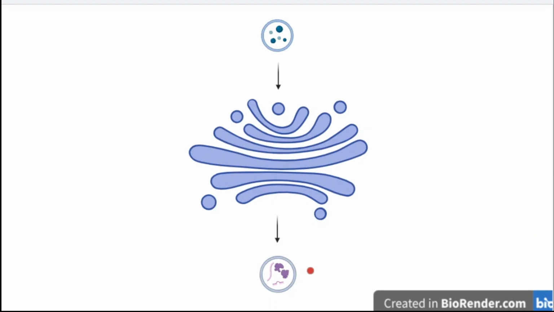If a product is made, you first have the nucleus that has genes. These genes will be transcribed into messenger RNA. Then this messenger RNA will go to the rough endoplasmic reticulum, and the ribosomes on this RER will translate this messenger RNA into a protein.